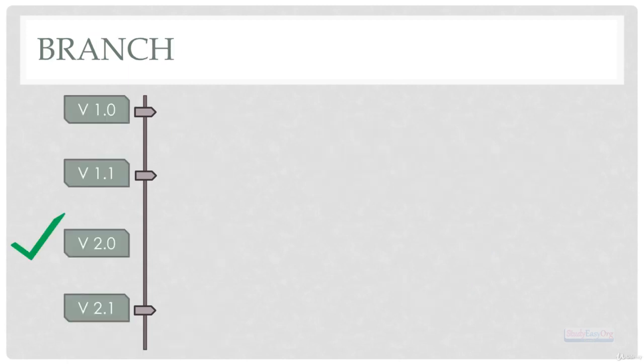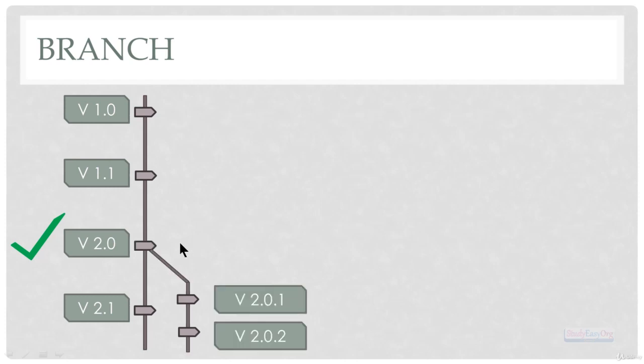If we want to make use of version 2.0, we can start building version 2.0.1, version 2.0.2 using the copy of 2.0 later down the line. Again, this is possible. How? We need to create a branch and mark this version as the master version.